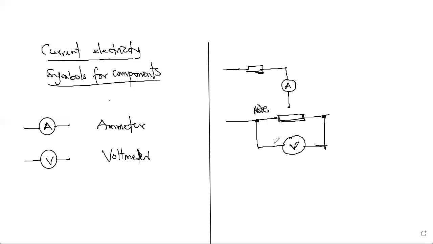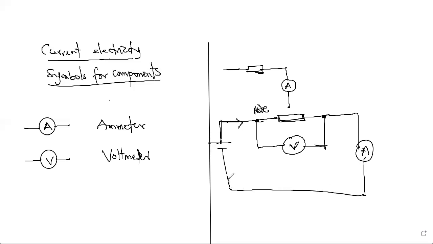A voltmeter usually has very high resistance. The reason is that the current that will flow through it will be very, very low. What we want is that most of the current will flow through the main part of the circuit. You have an ammeter connected here, and if you have a voltage source here and the current flows like that, we want most of the current to go around the circuit.